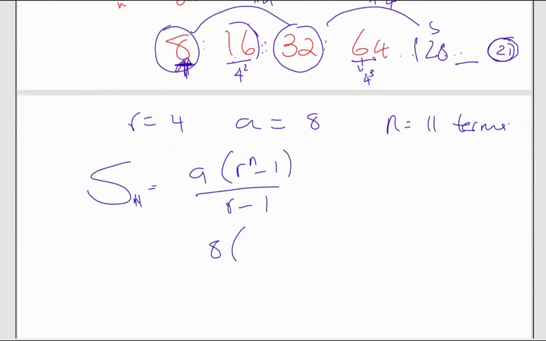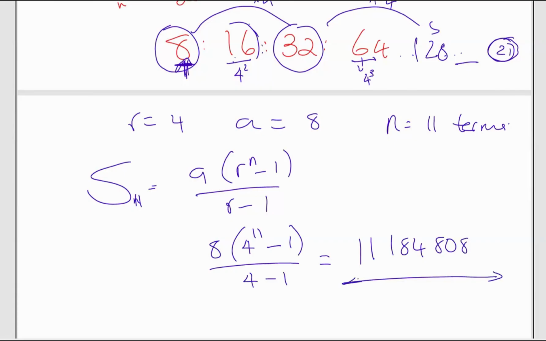Our a is 8 into the common ratio, which is 4 to the 11 minus 1 over 4 minus 1. So when I punch this into my calculator, 4 to the 11, we said minus 1. We close that. And then over 3. It's a very big number. 11184.808. So that's the sum that I'm getting.